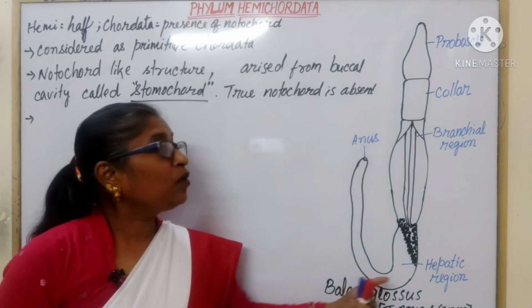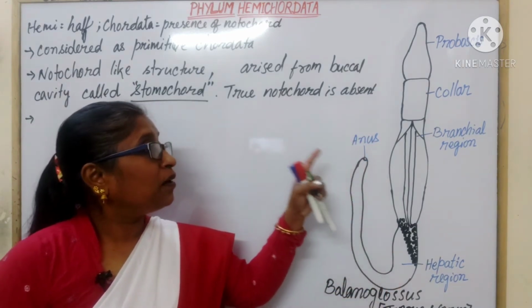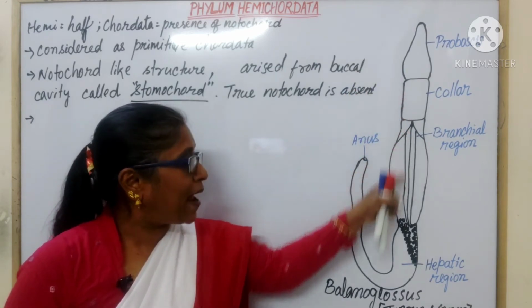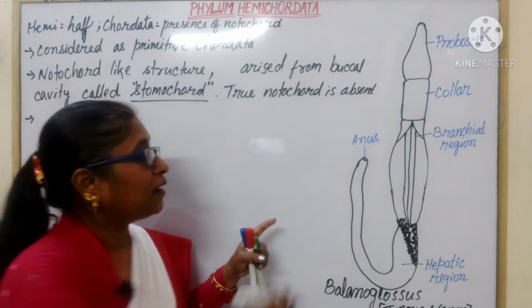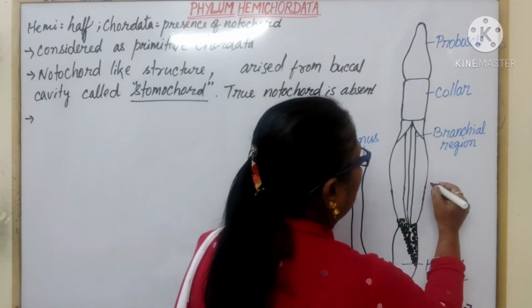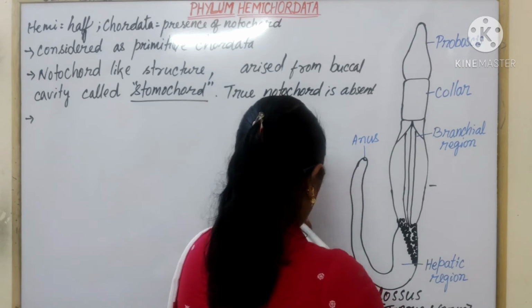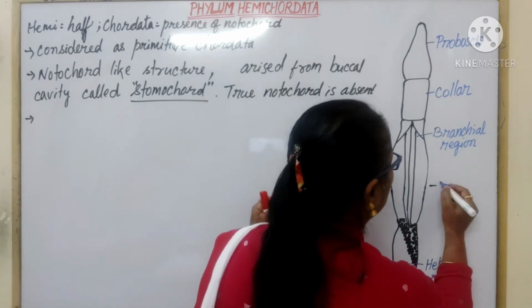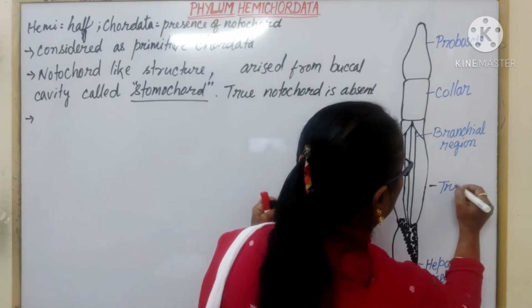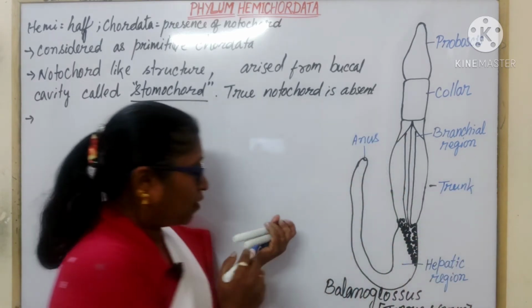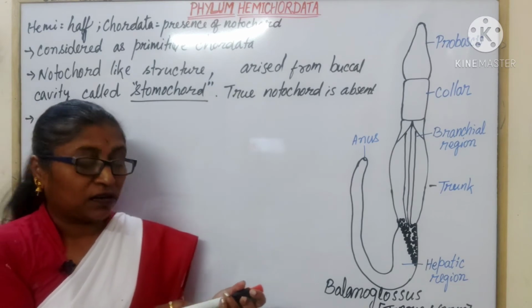You see, anus is at the end of the tail. This is the balanoglossus. The body is divided into three parts: proboscis, collar and trunk. The rest part is called trunk. The longest part of the body is trunk.